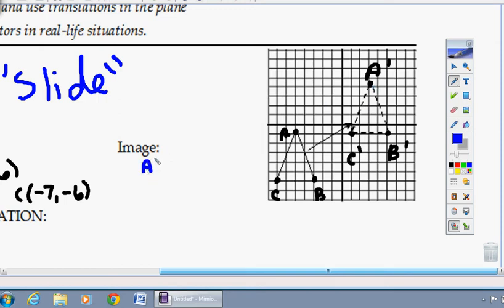And A prime has the coordinates 3, 4. B prime has the coordinates 5, negative 1. And C prime has the coordinates 1, negative 1.